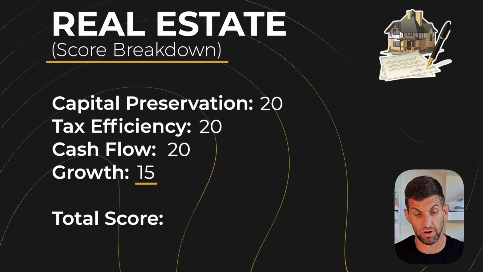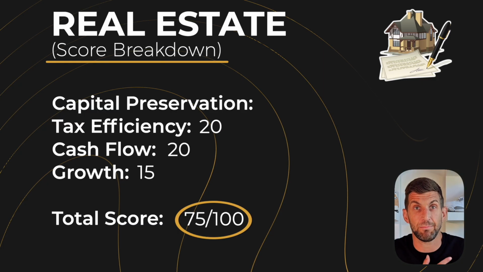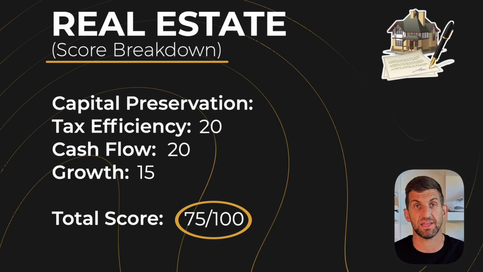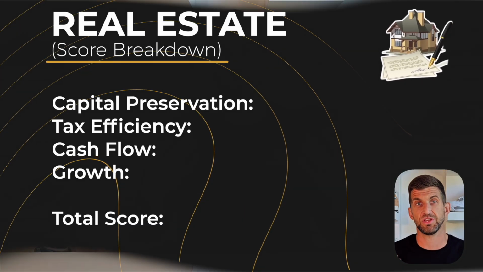So for real estate, we're going to have a total score of 75. 20 plus 20 plus 20 plus 15 is 75. So for my personal evaluation of these investment options, I would choose to invest in real estate because that has the highest score out of 100.